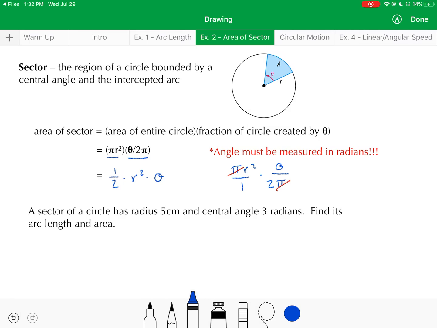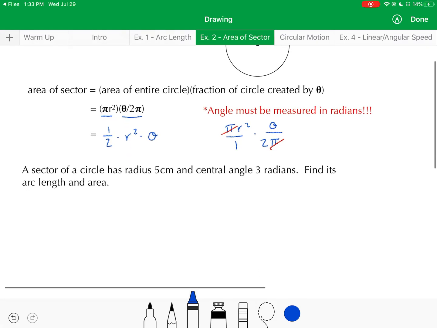Okay? So let's say a sector of a circle has a radius of 5 centimeters and a central angle of 3 radians. Let's find both the arc length of the sector as well as the area of that sector. Okay, so think about your givens here. Given an r value and you're given a theta value.